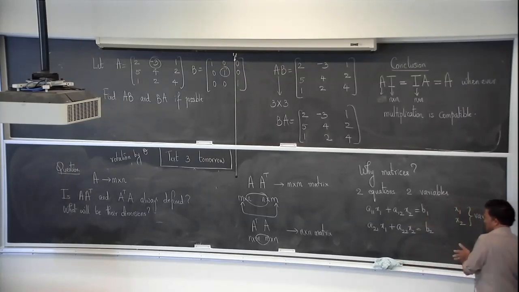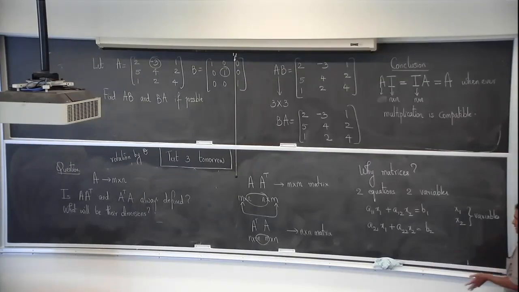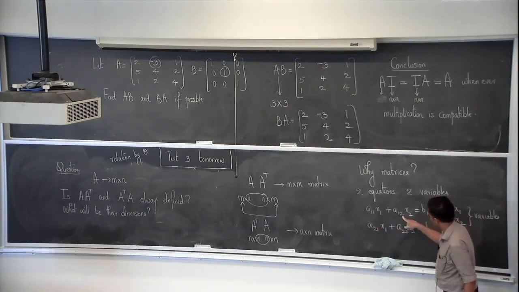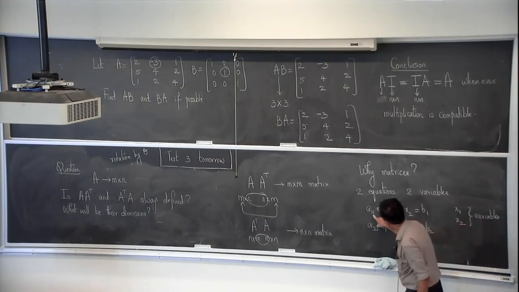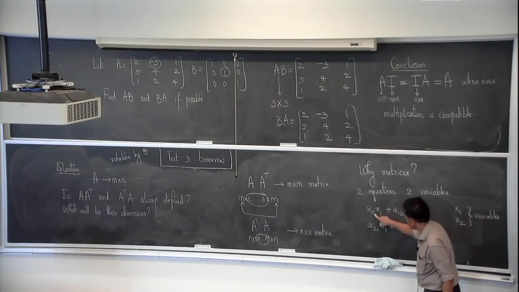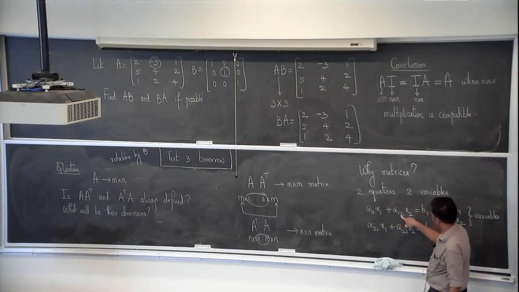We use subscripts because at some point we run out of letters. If this was a really big problem with 38 variables and say 43 equations, we don't want to keep on writing A, B, C, D, E. So the subscripts are super efficient in terms of denoting these positions. When you write 1, 1, that's the first row, first column, or the first equation, first position. This is the first equation, second position, second equation, first position, and so on.